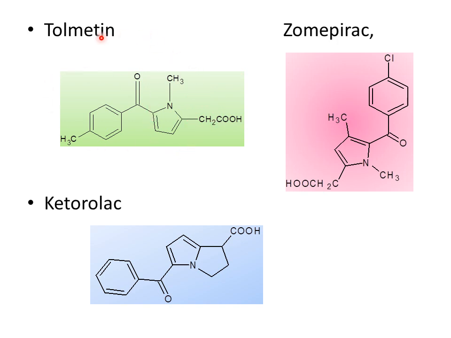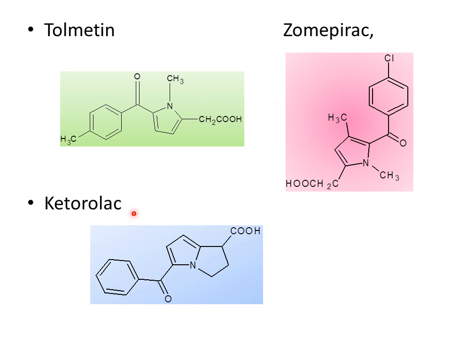This is the structure of tolmetin. And zomepirac also consists of a methyl pyrrole acetic acid and also possesses this structure. What is the structural difference between tolmetin and zomepirac? The structure is almost the same, but here at the para position a methyl is substituted, whereas here chlorine is substituted, along with one more methyl functional group. That is the only difference. The remaining structure is the same.